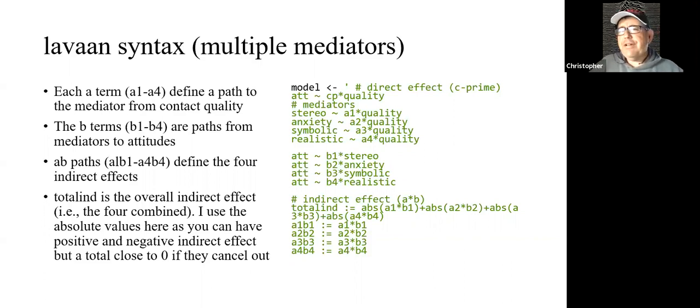It doesn't matter in this example, but in some cases you might have indirect effects in different directions, and that might just simply reflect how variables are coded. They will cancel each other out if you don't get the absolute value here. Similarly, that's going to be important if we have contrasts.